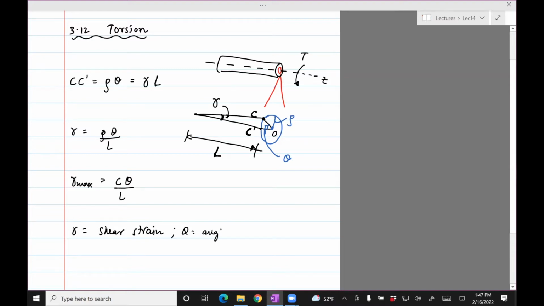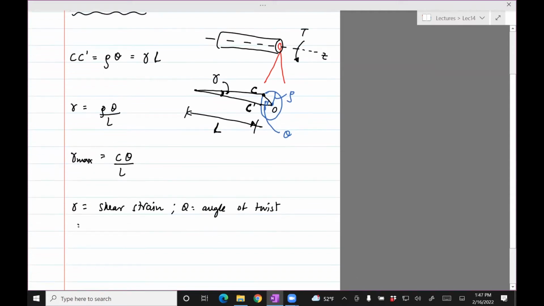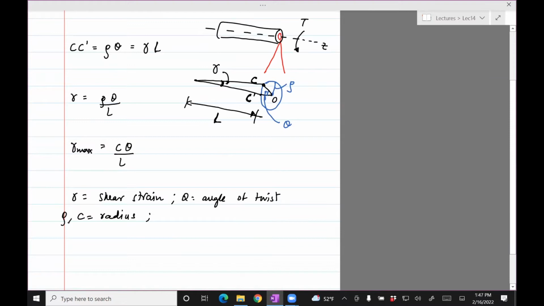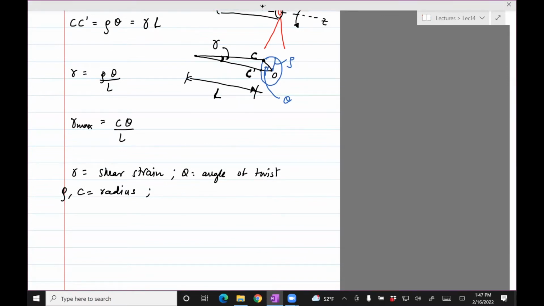C is the radius, and rho is also a radius, but rho is the radius of some circular section, and C is the maximum value of rho. Okay, now let me just circle that. That's an important formula.